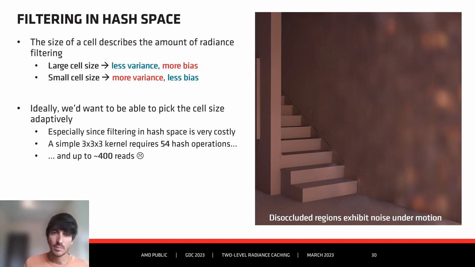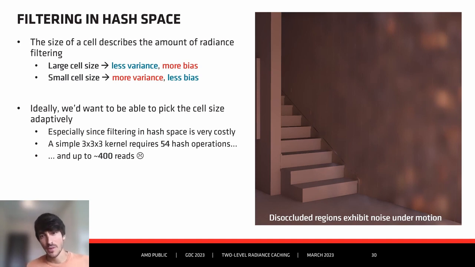Now, the size of the cell, depending on how you set it up, is directly proportional to the amount of radiance filtering that you're going to apply. A large cell size means more filtering, so less variance, but more bias, of course. And a small cell size is more faithful, less blurring, but the noise is worse when you don't have enough samples accumulating in the cell.